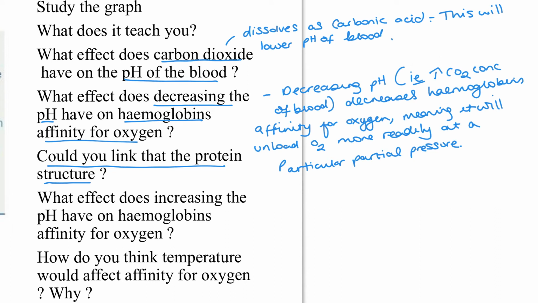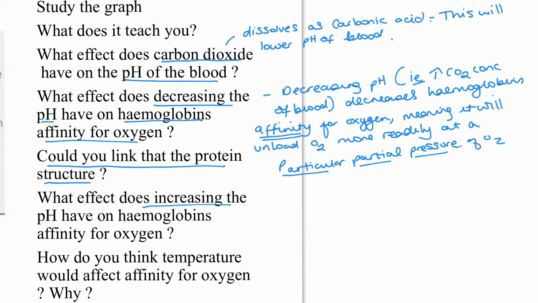So decreasing pH, i.e. increasing the carbon dioxide concentration of the blood, decreases hemoglobin's affinity for oxygen. Affinity basically means how readily or how strongly it binds to the oxygen, meaning it will unload oxygen more readily, so it will become less saturated more readily at a particular partial pressure of O2.